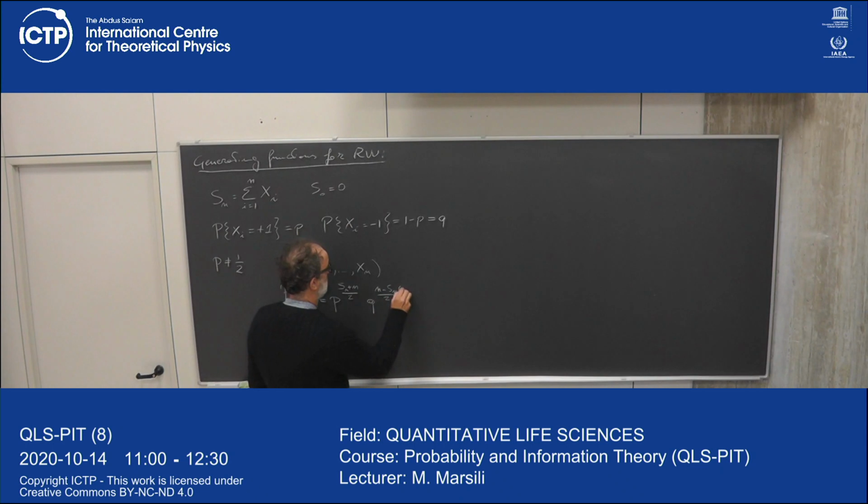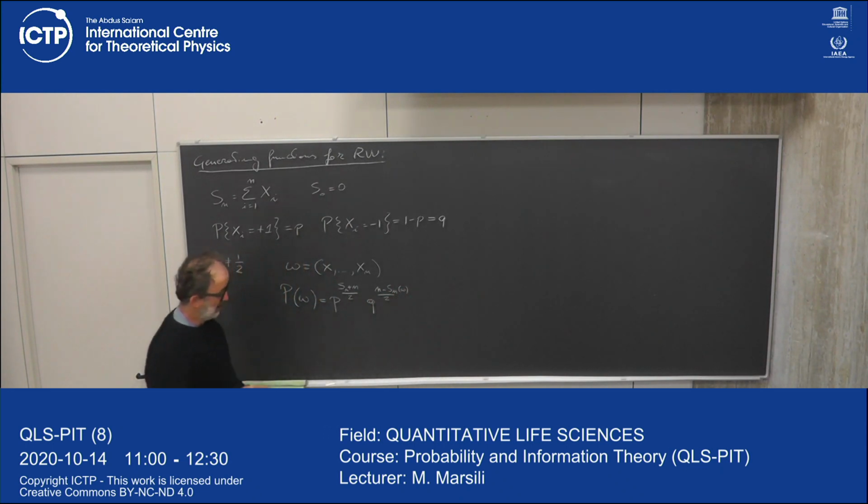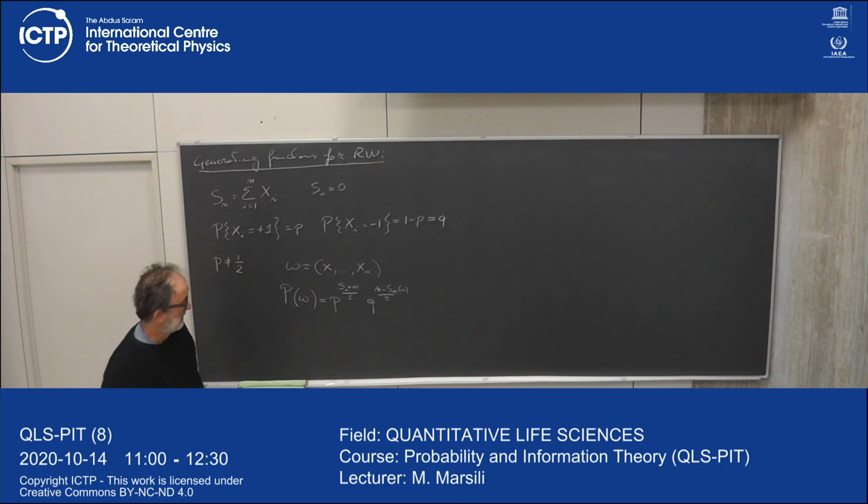So you see that because Sn is a random variable that depends on omega, different paths will have a different probability.